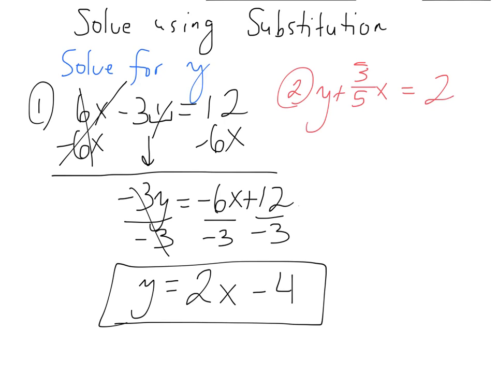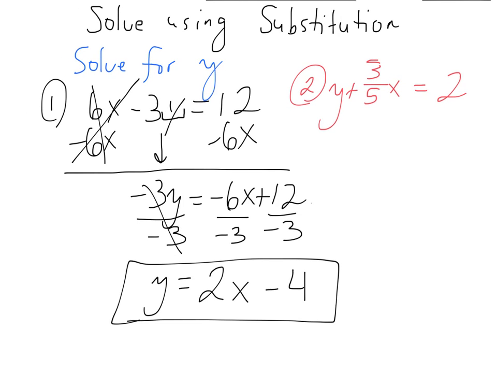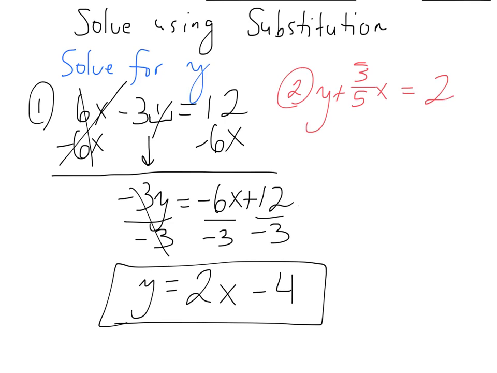Go. Alright, hopefully you had some success. Subtracting 3/5 x from both sides. Again, these are not like terms. So my final product, y equals negative 3/5 x plus 2.